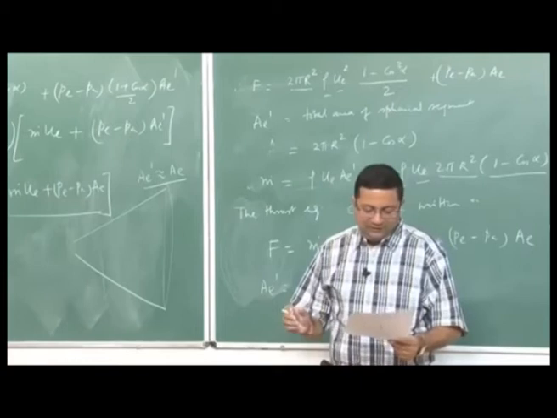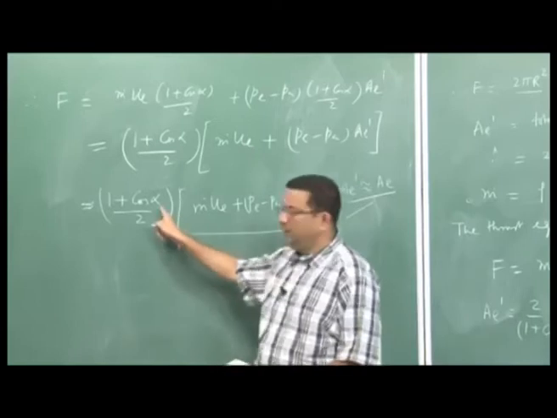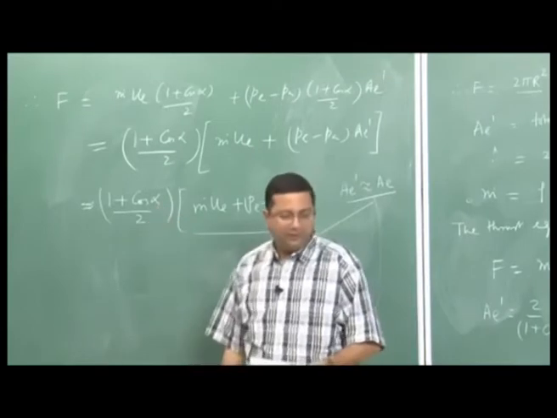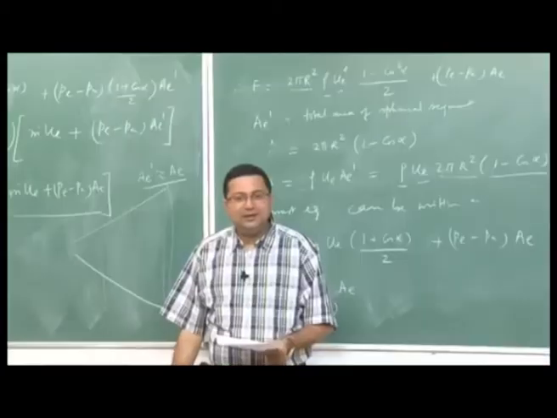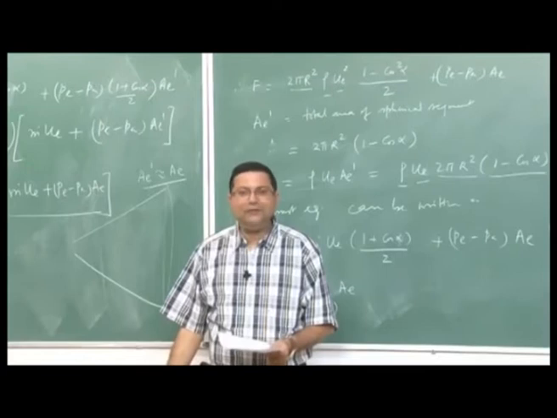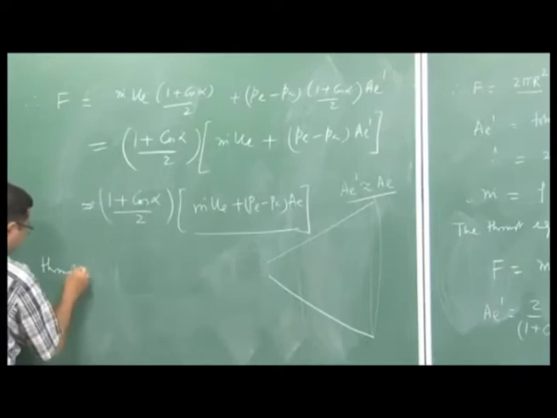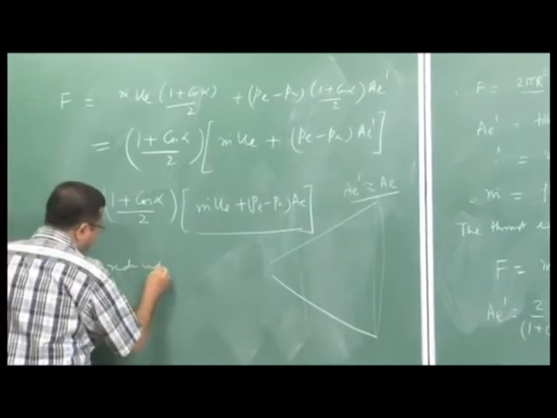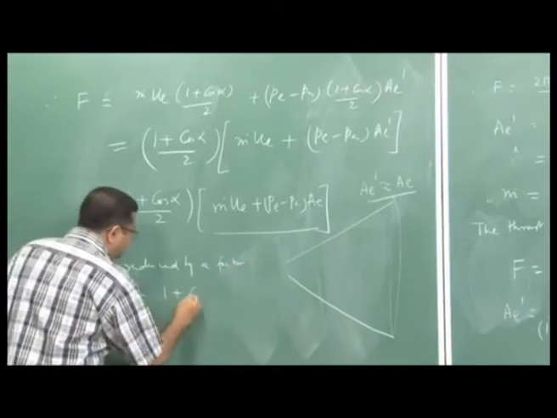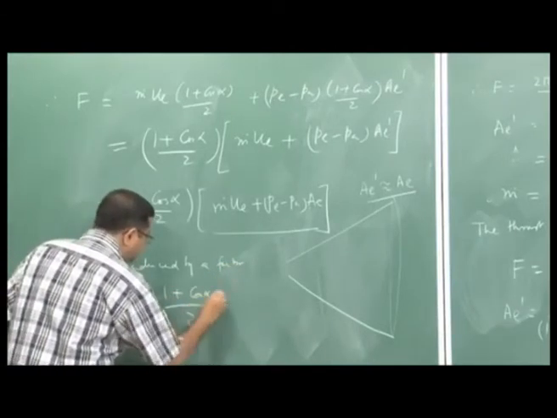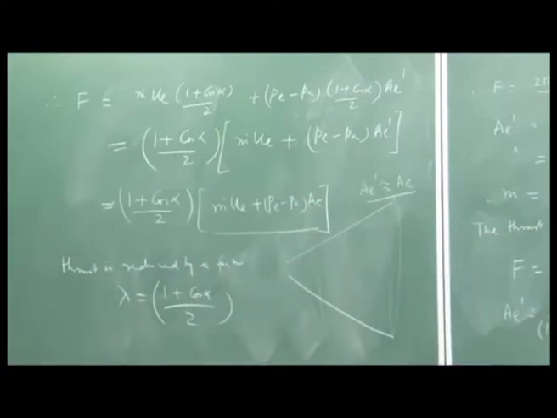Essentially, for an ideal conical rocket with half angle alpha, the thrust is reduced by a factor lambda, where lambda is equal to (1 plus cos alpha)/2.